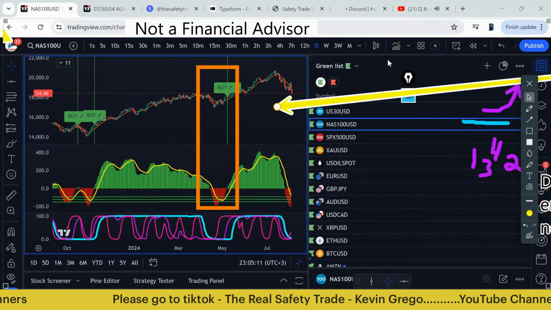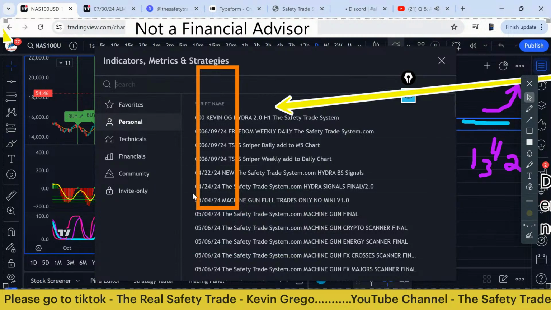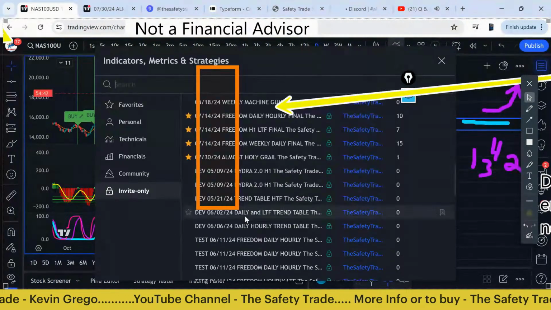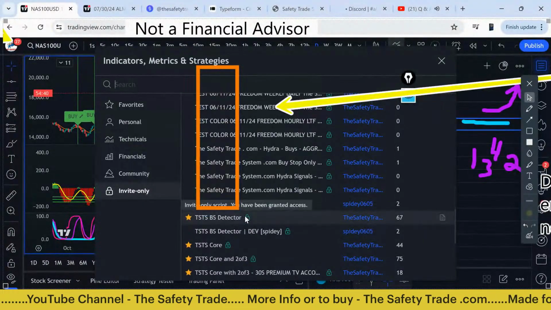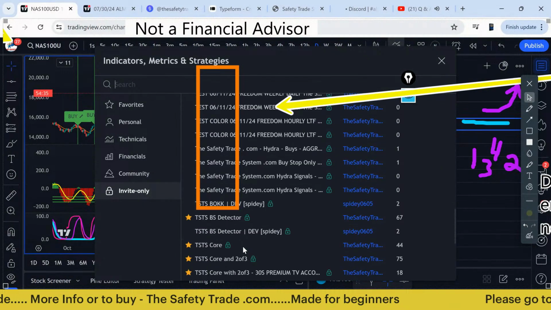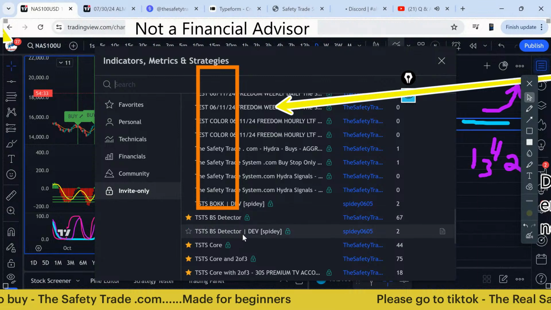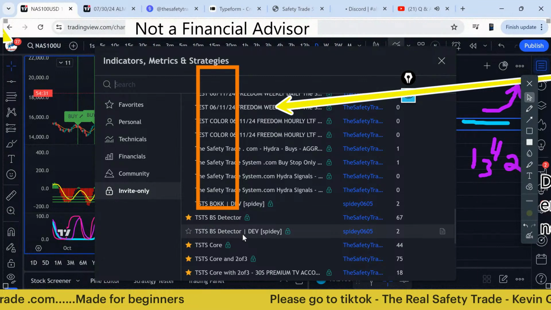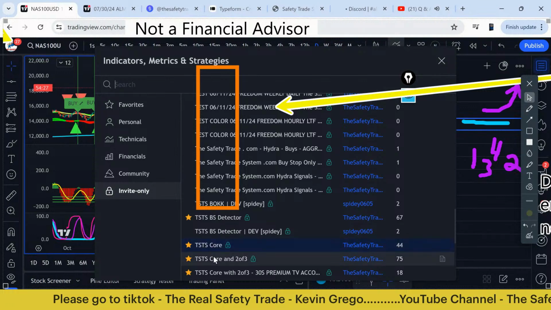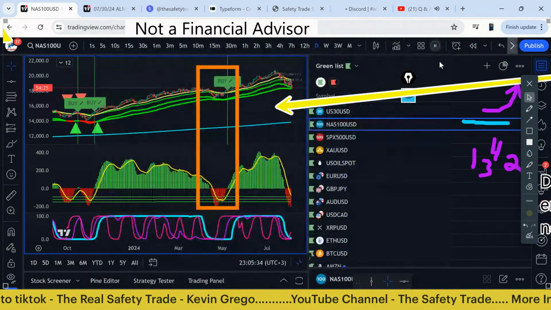Where is my thing at? Hold on. TST core, maybe? Why is that not showing us the box? Yes, there we go.